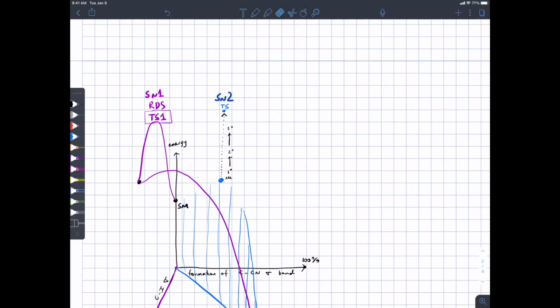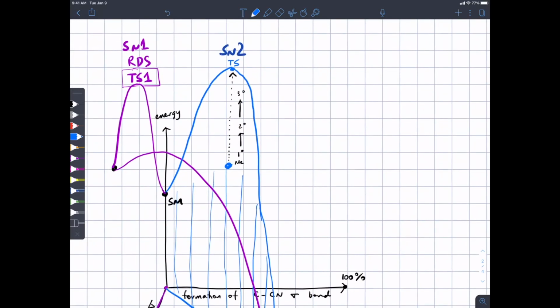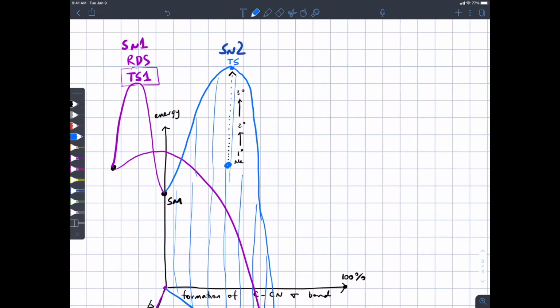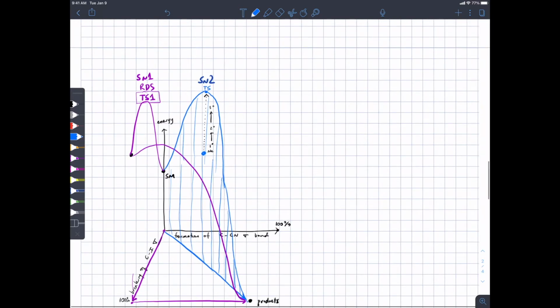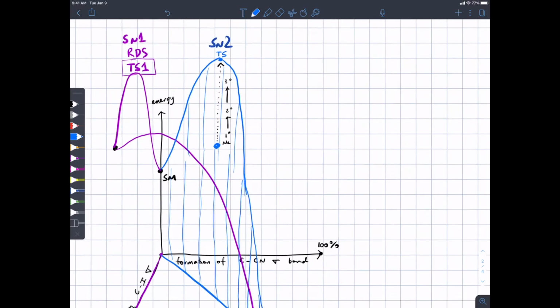So now I'm going to erase this line and draw a new one going through that high energy transition state. Maybe we'll complete the shading there. Okay, so in effect, we made the pathway for SN2 harder to get over.